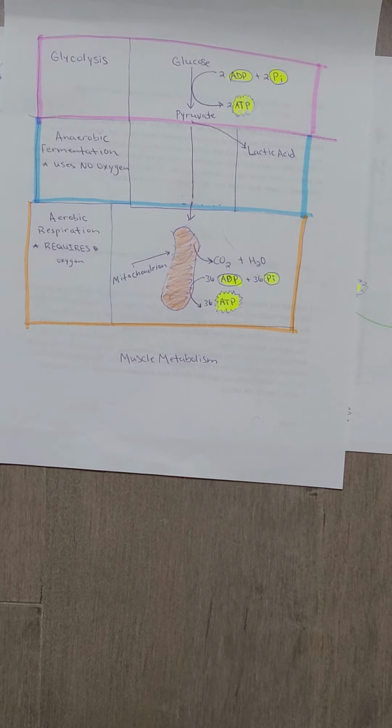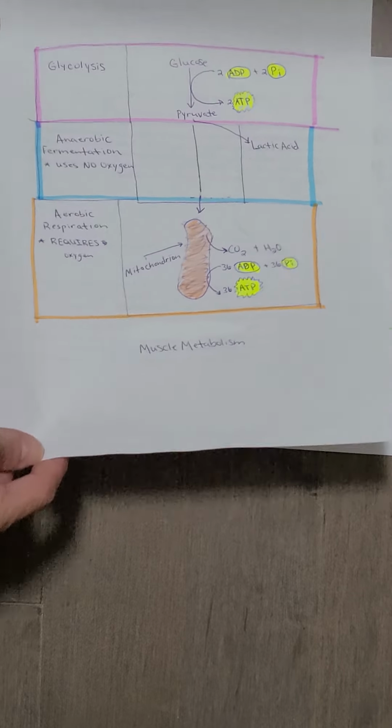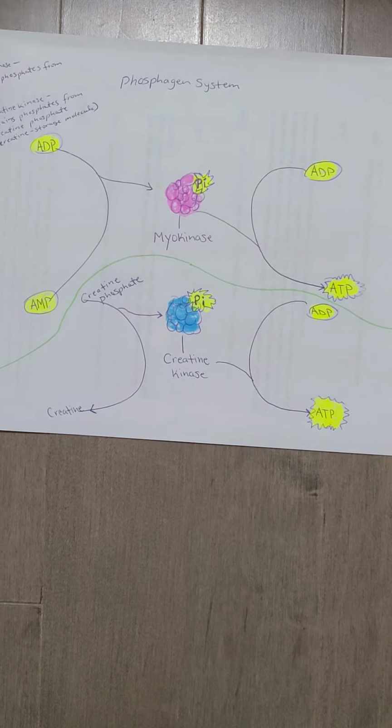Now, under the phosphagen system is the myokinase and the creatine kinase. Now, the top one, the myokinase, it's an enzyme.